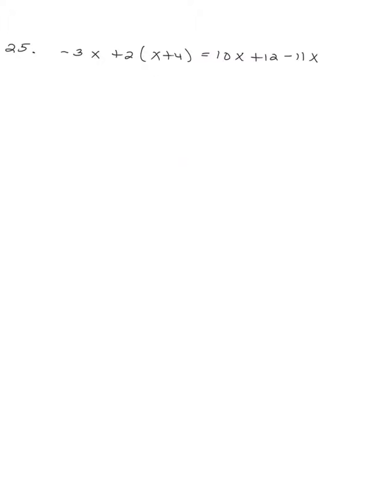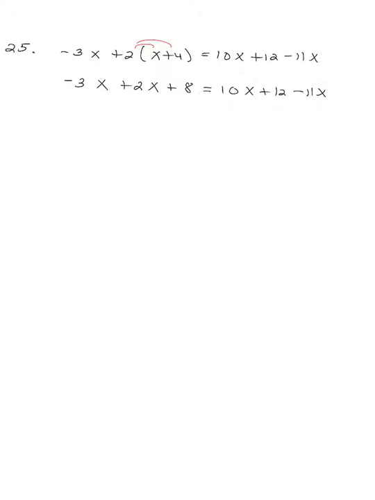Let's try this one out. I'll distribute the 2. See if anything weird happens in this problem. We get negative 3x plus 2x times 8 is equal to 10x plus 12 minus 11x.